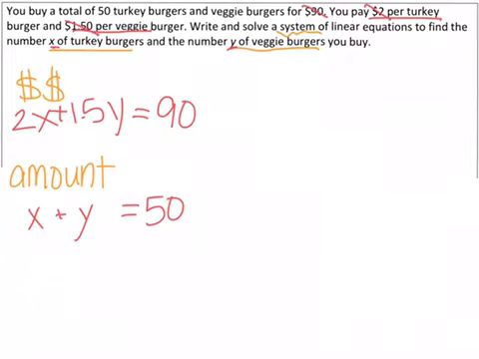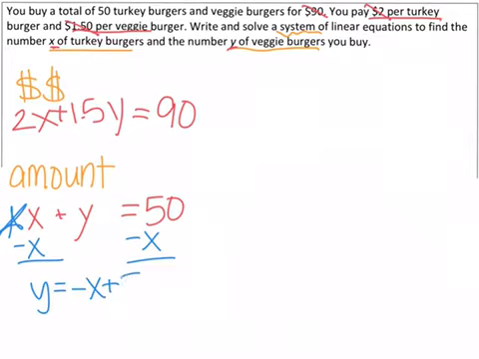I'm going to solve one of my equations for a variable, this one right here. It's easier to solve, so I'm going to put it in slope-intercept form. I subtract x to the other side of the equation, and I'm left with y equals negative x plus 50. So I now have this equation the way I want it.